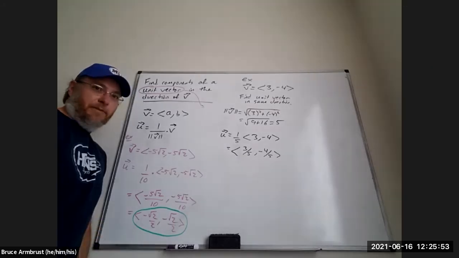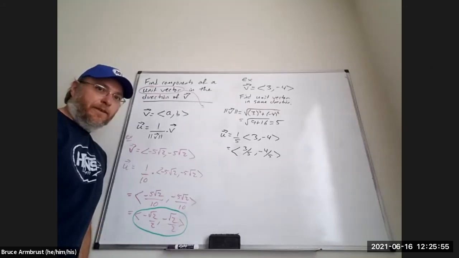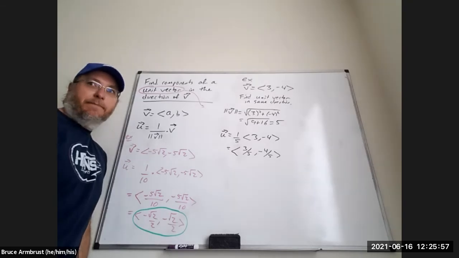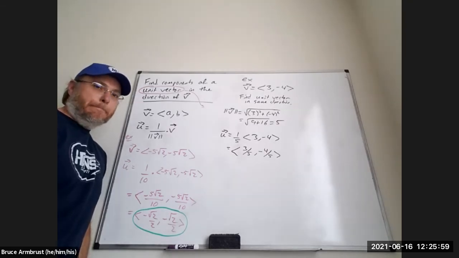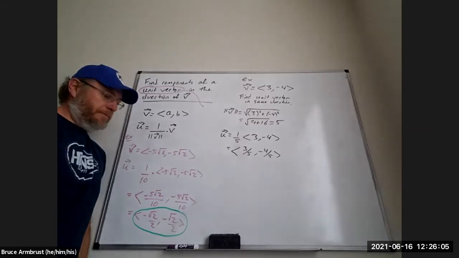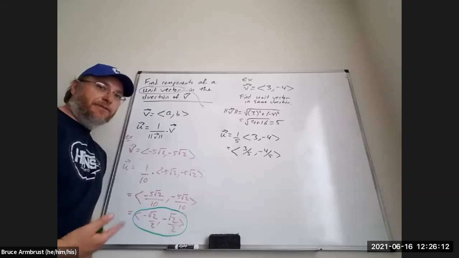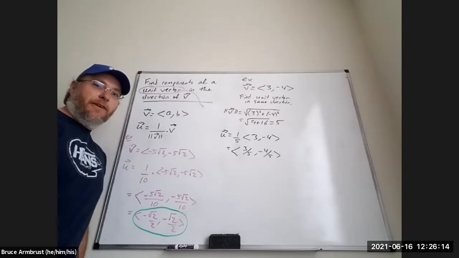Because you've seen those numbers before, right? Root 2 over 2, or in this case, minus root 2 over 2. Where have you seen those? Are they the lengths of the 45, 45, 90 triangle? Okay, yeah, these are specifically from that 45, 45, 90.